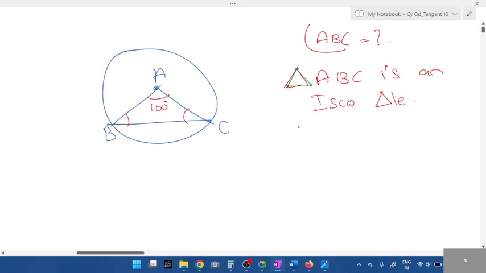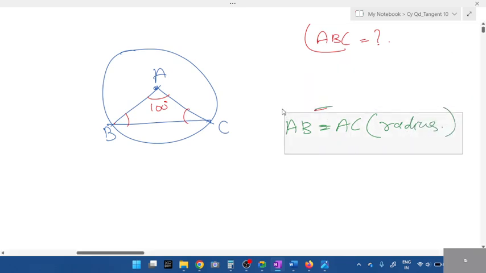Then, how will you prove that this is isosceles? How will you prove? Triangle ABC is an isosceles triangle. To prove, AB is equal to AC. How will you prove this AB is equal to AC? Just mention in bracket, radius. Not this first.